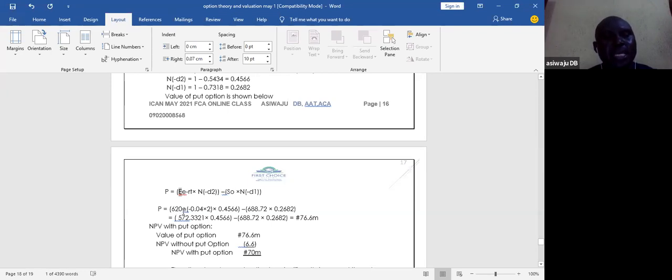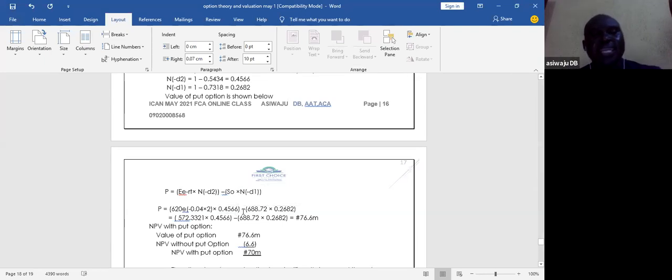Our e is the exponential function on your calculator. You have the bracket minus, what is our R? 4%. Our time to expiration is 2. Close your bracket. Multiply by your N(-D2). Your N(-D2) is given.